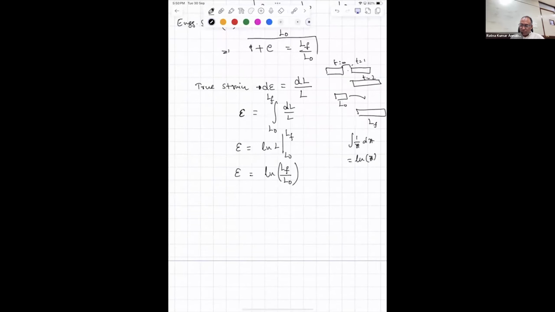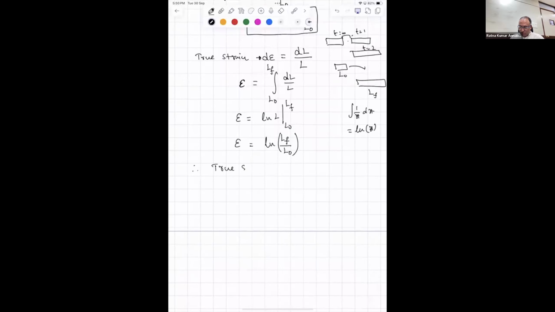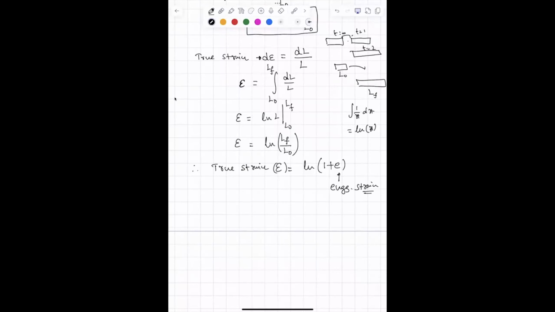Now we have just seen LF by L0 is equal to 1 plus E. Therefore, true strain epsilon is equal to natural log of 1 plus E, where E is engineering strain. Is that clear? Any more questions on this?